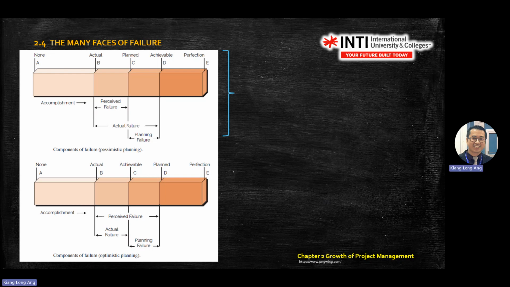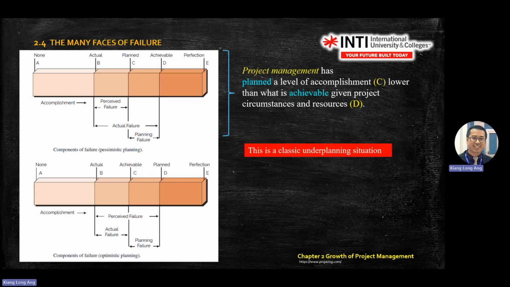Or pessimistic. So these are the two useful diagrams if the question asks you what is the difference between pessimistic and optimistic planning. Okay. In terms of components of failure, it means it asks you to draw these two diagrams. So if you are in the pessimistic planning, your project management has planned a level of accomplishment lower than achievable.